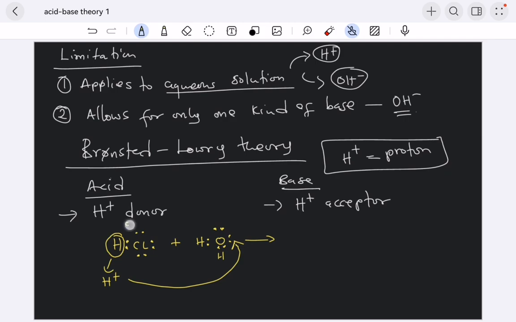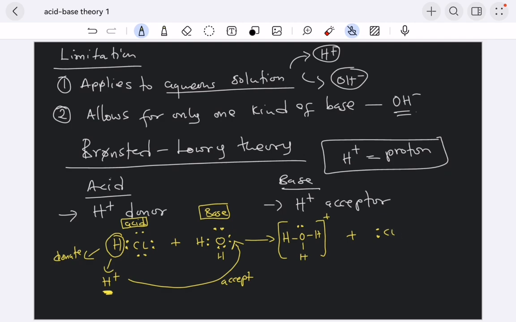So this being an acid, it's going to donate. So an acid, in this case, which is hydrochloric acid, is going to donate the hydrogen ion. Then water, in this case representing a base, is going to accept that hydrogen ion.